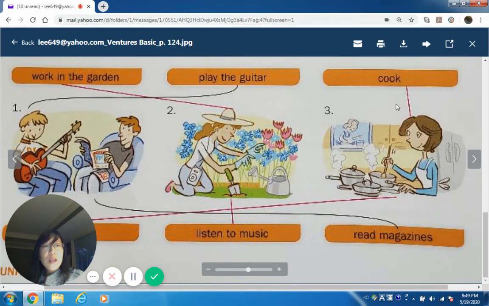And number 3, cook. She likes to cook. Now, this is a pot. Looks like a pot. Maybe this is a frying pan. It's also another pot. Refrigerator. And she's wearing an apron. Apron.